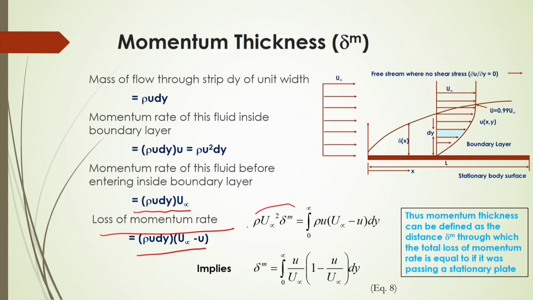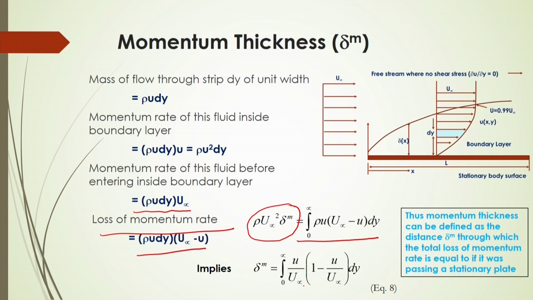Then, defining the momentum thickness as delta m, which is equivalent to the distance through which the total loss of momentum rate would occur if the fluid were passing a stationary plate, it is calculated by integration to infinite distance in the y direction after substituting this reduction.